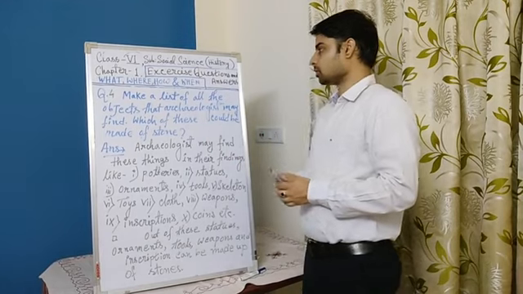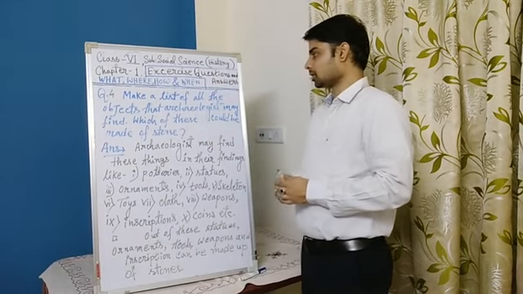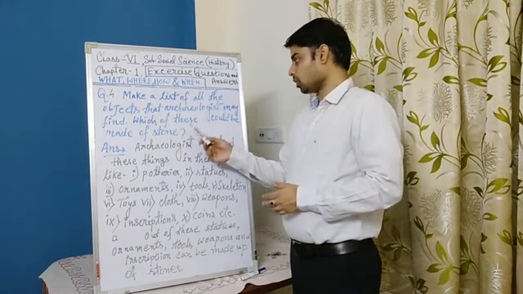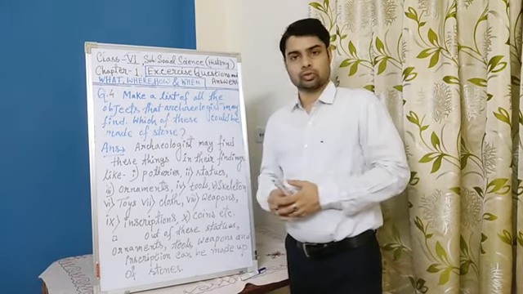Make a list. Question number 4: all the objects that archaeologists may find. Which of these could be made of stone?